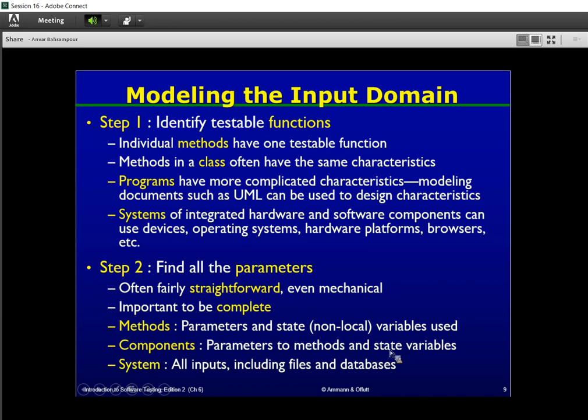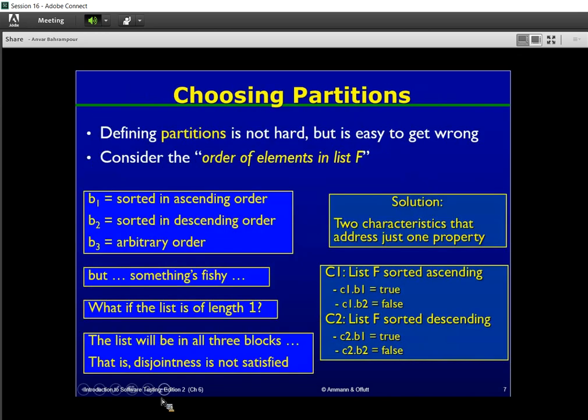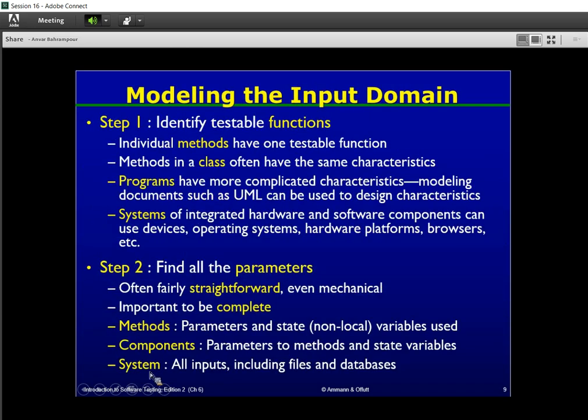Parameters to methods and state variables of each component should be considered as input parameters, and inputs in files and databases which are used in the system should also be considered as our parameters in domain modeling.